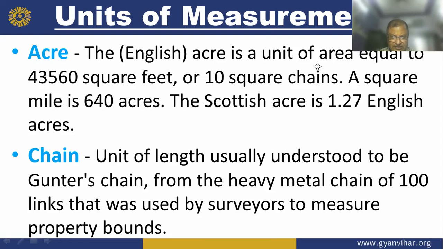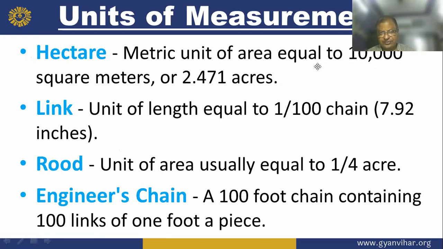The chain is a unit of length, usually understood to be the Gunter's chain, a heavy metal chain of 100 links that was used by the surveyor to measure property bounds.